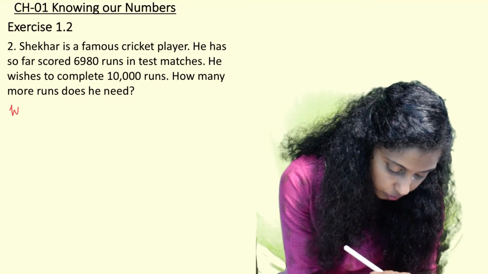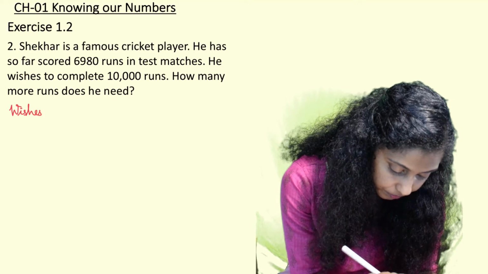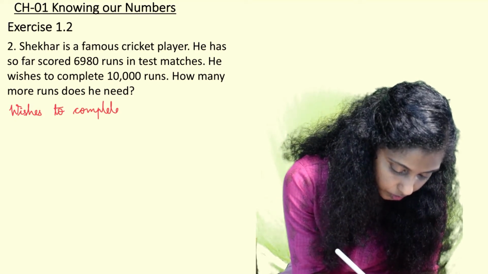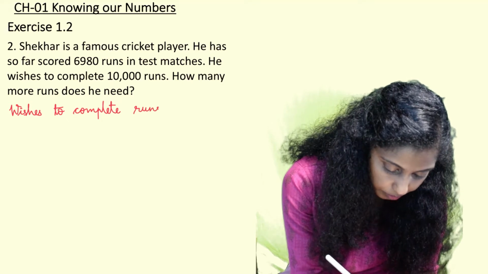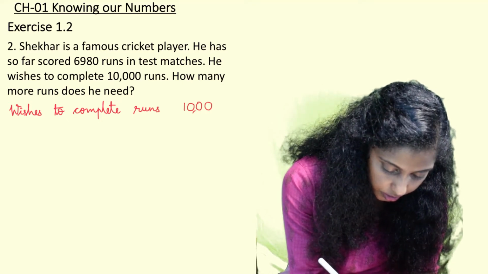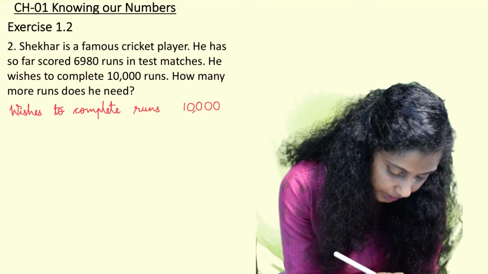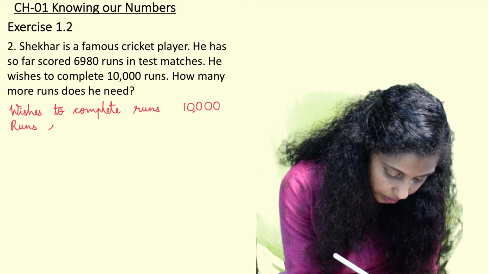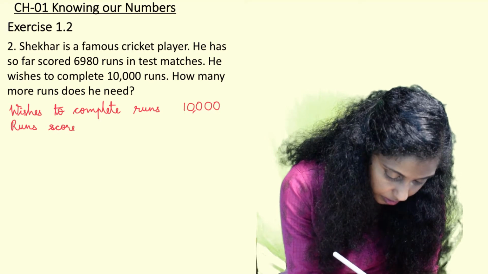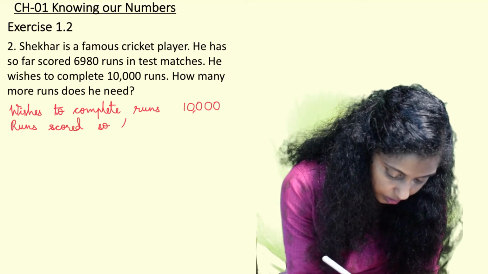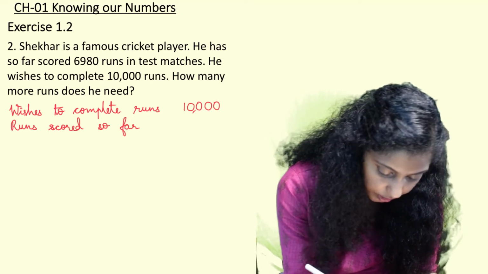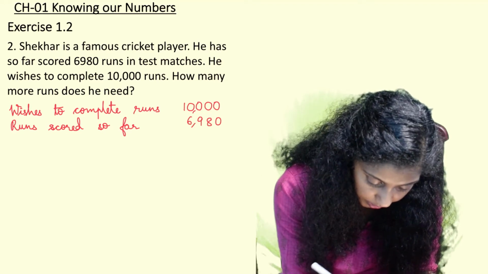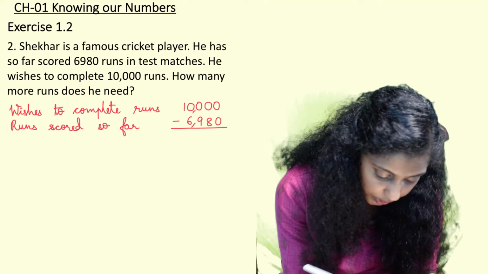So we write wishes to complete runs 10,000 and runs scored so far. So far we write from the unit space 0, 8, 9 and 6 and we are doing subtraction.